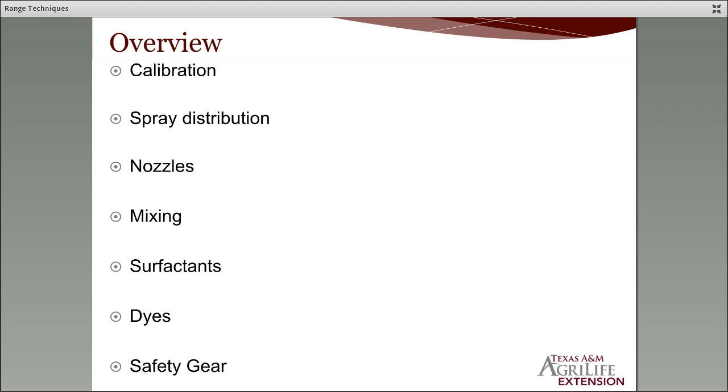So here's an overview of what we're going to look at throughout this presentation. Calibration, we hear about it all the time, but lots of application errors and mishaps can be traced back to sprayer calibration. Distribution pattern is something else we have to keep in mind.